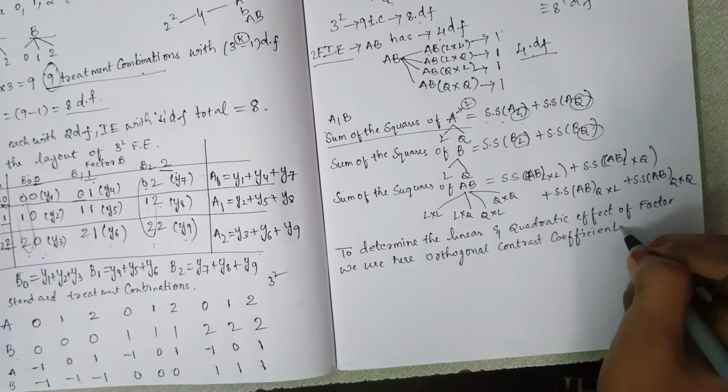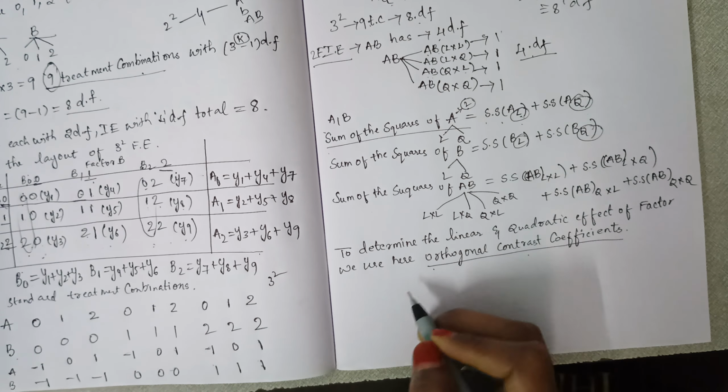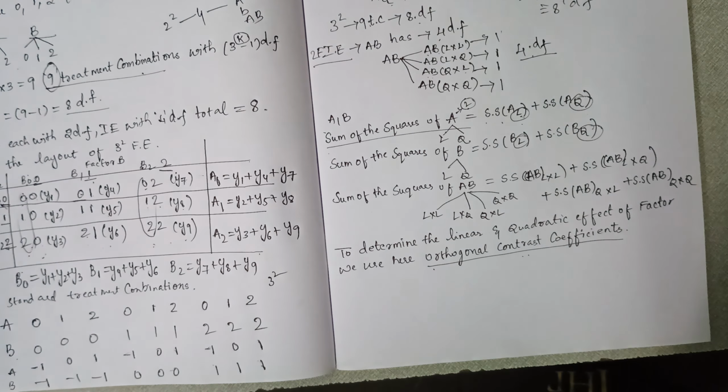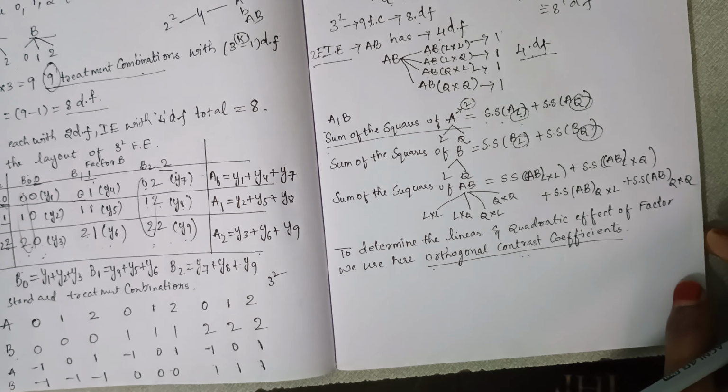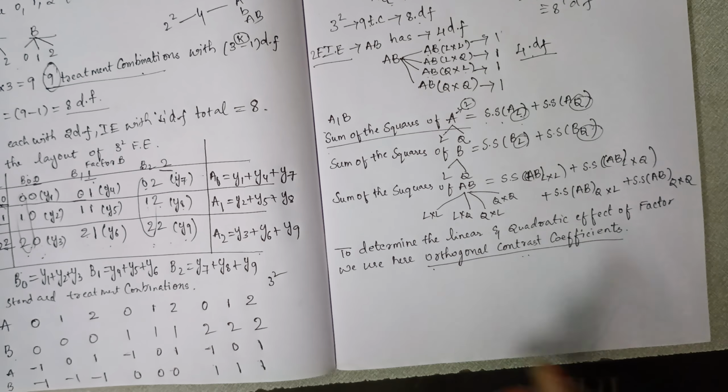I know you are very familiar with the orthogonal contrast and orthogonal contrast coefficients. We have already seen this definition in the 2 square factorial experiment. If you have not gone through it, I request you to go through it. I will give you the link in the description box.